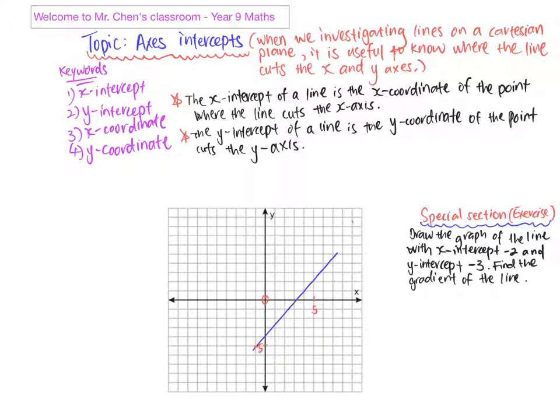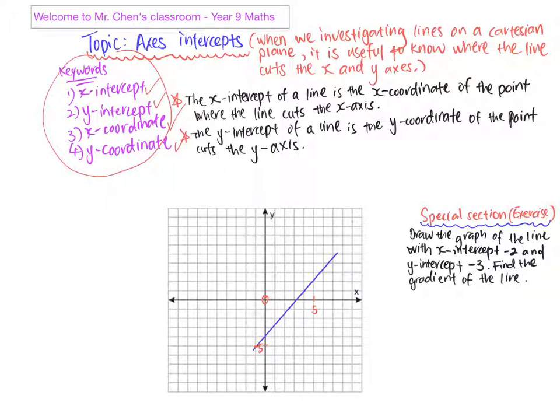Okay, so let's begin. The keywords for axis-intercept are x-intercept, y-intercept, x-coordinates and y-coordinates. You probably know what x-coordinates and y-coordinates are, but you probably never heard of x and y intercept.